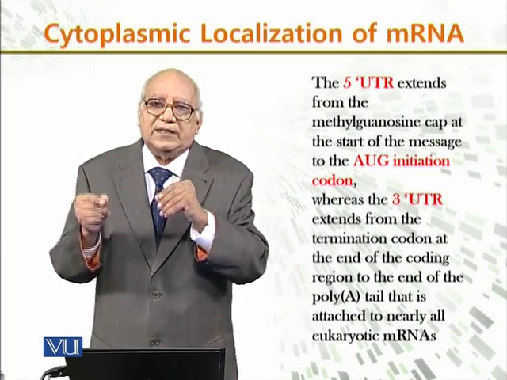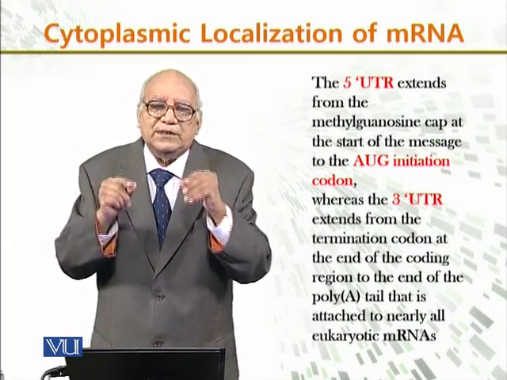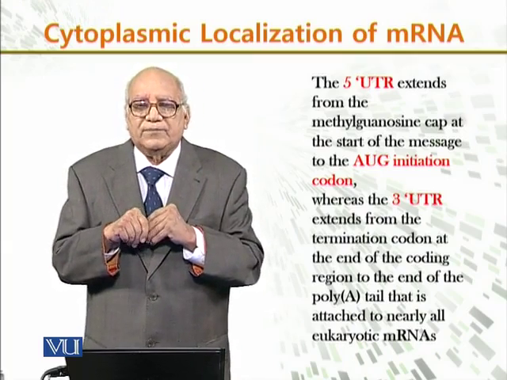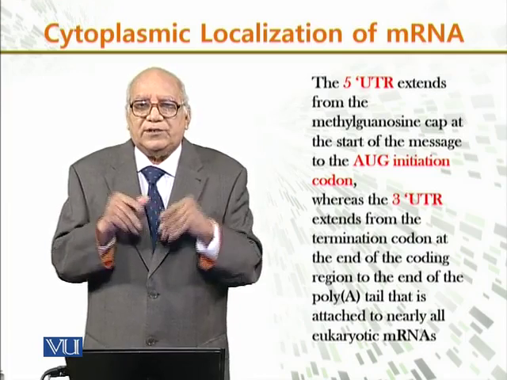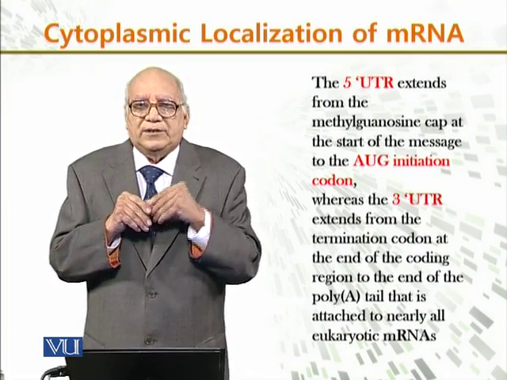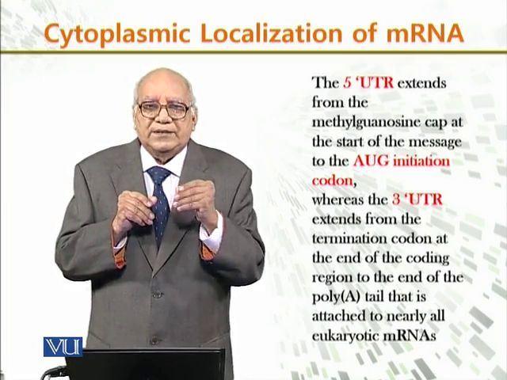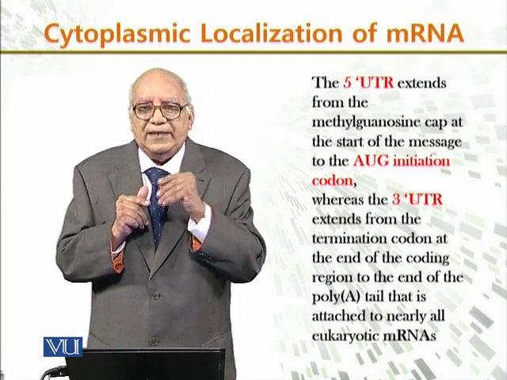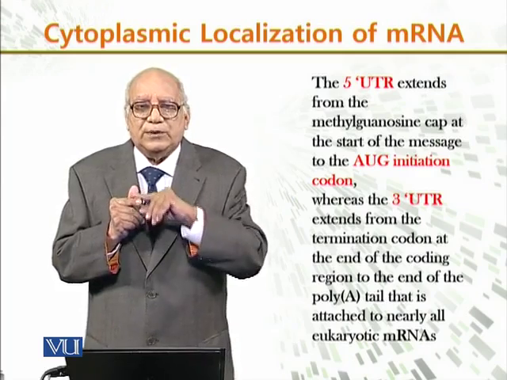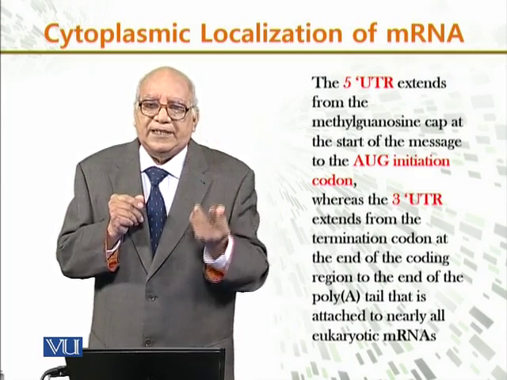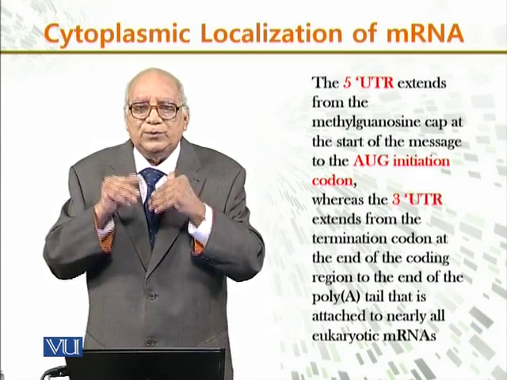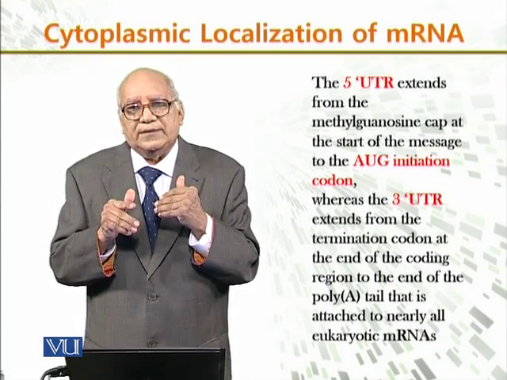You know, these are the different codes, different segments where initiation occurs. Whereas the 3' UTRs extend from the termination codon at the end of the coding region to the end of the poly A tail that is attached to nearly all eukaryotic messenger RNA.